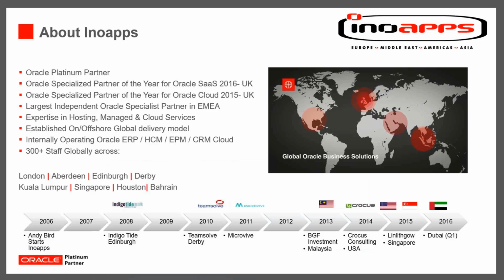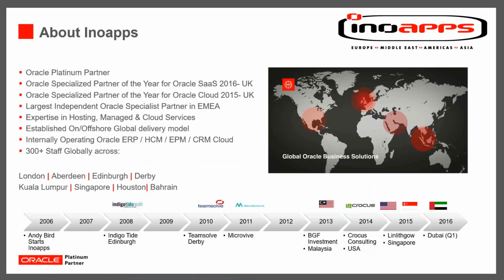So Inoapps is a global IT consultancy and an Oracle Platinum partner. We provide consulting and implementation services for the Oracle applications. For the last 2 years, in 2015 and 2016, we have been the Oracle Specialized Partner of the Year in the UK, where our global headquarters is.